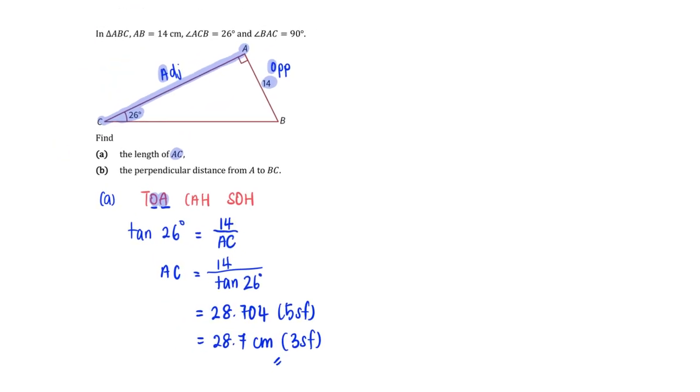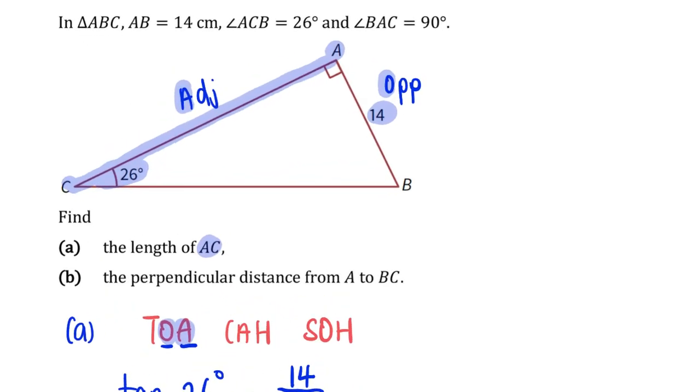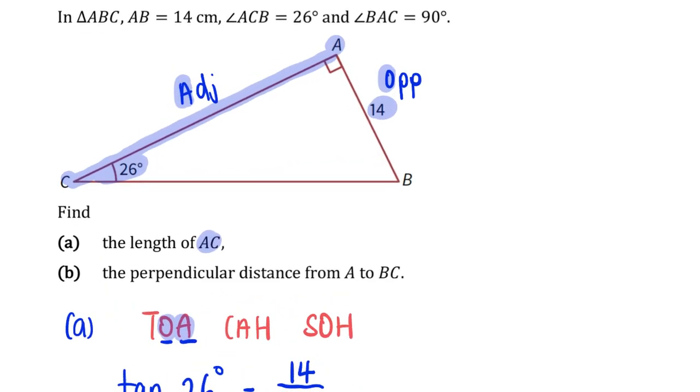Now for part B, let's zoom in first. We will then need to find the perpendicular distance of A to BC. What does this mean? Well, this means that if I were to draw this distance out now, it will have to be from A. I'm going to use green color, sorry.